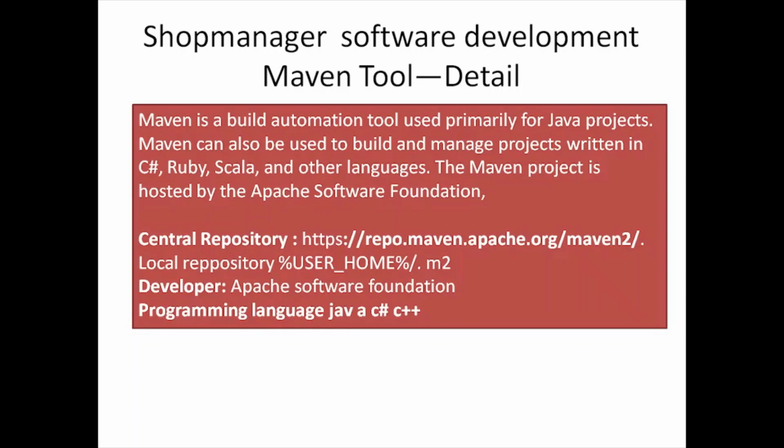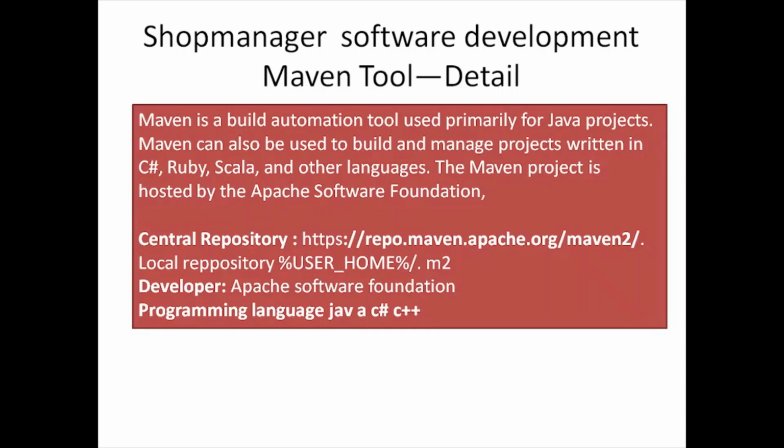One way is to download the required dependencies from different servers one by one, or list out the required dependencies in a certain file, and we have another software tool which downloads the required dependencies from their remote repository. This is the Maven tool, which helps us download all required dependencies automatically. So what is the Maven tool?